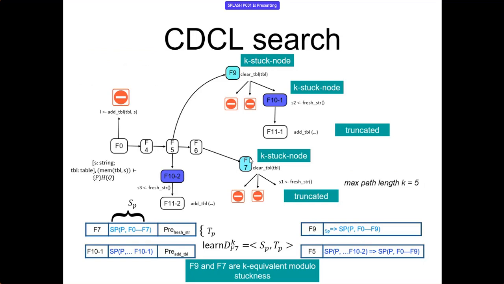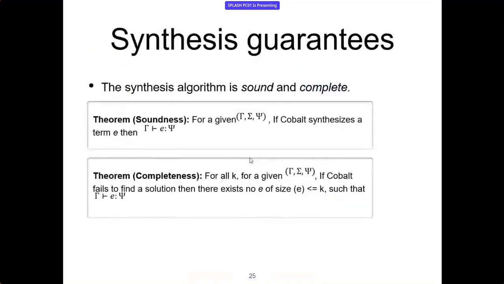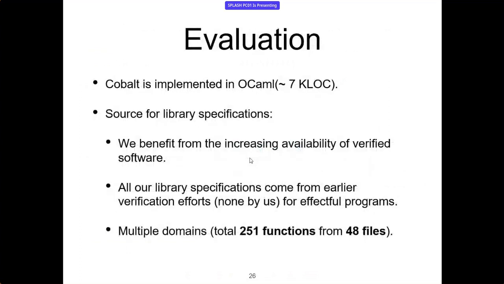And once you have taken the F7 path, you can safely avoid exploring F9 without loss of completeness. So we have the soundness and completeness argument, which says that for a given type environment, library, and specification, if Cobalt synthesizes a solution, then the solution must be correct. In view of the time, I'll go quickly into the evaluation.